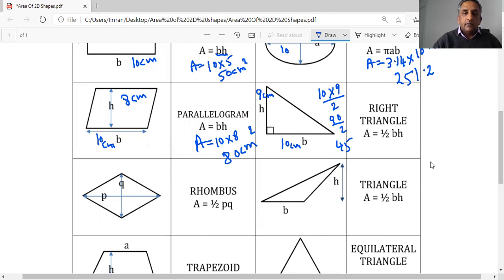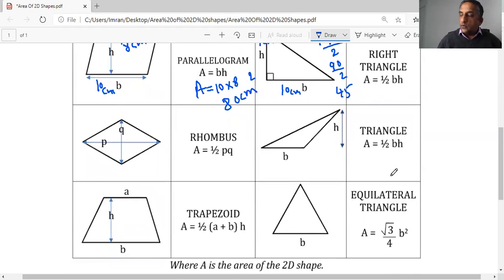Now I am going to move to the next shape, which is rhombus, and the formula to find the area of the rhombus is PQ divided by 2. What is P? P is the length in this direction, and Q is the length in this direction. So, for example, the length of P is 10 and the length of Q is, let's say, 8, and we half it, right?